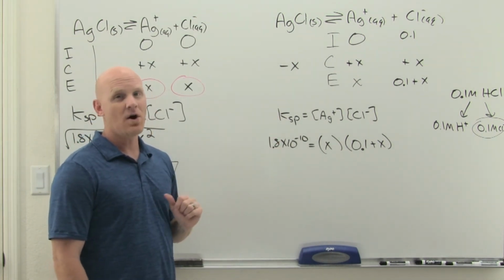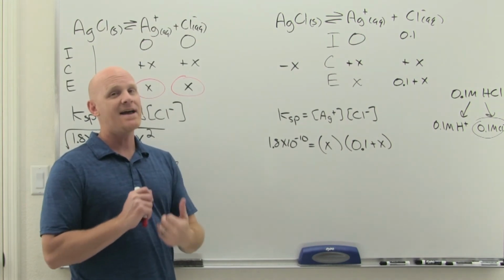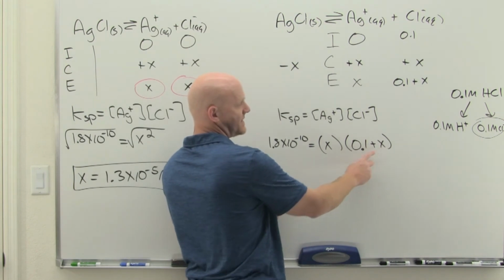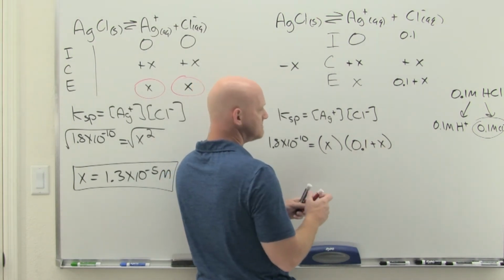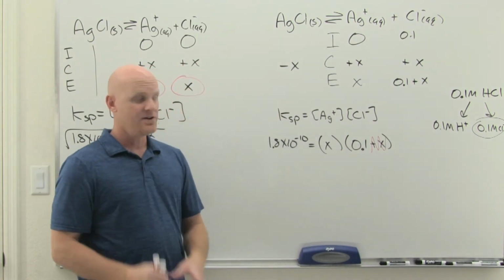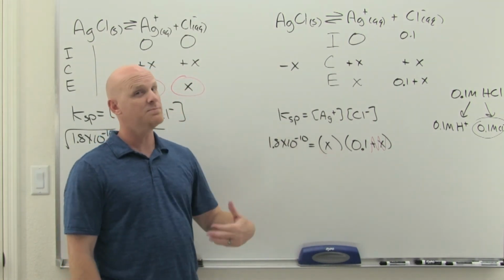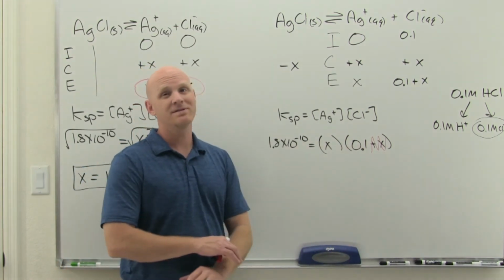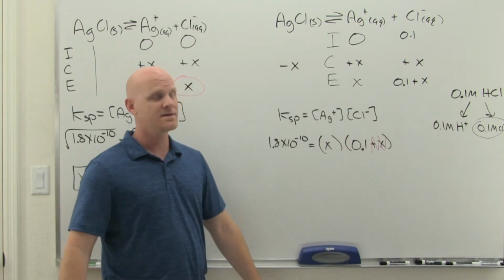And if x is small, then you can ignore it if it's added or subtracted to or from a much larger number, like it is right here. 0.1 plus a really tiny number, for all practical purposes, is 0.1. Now you can't ignore it when you're multiplying it, because when you multiply by a small number, it has a huge impact. But when you add or subtract a small number to a much larger number, just ignore the x.